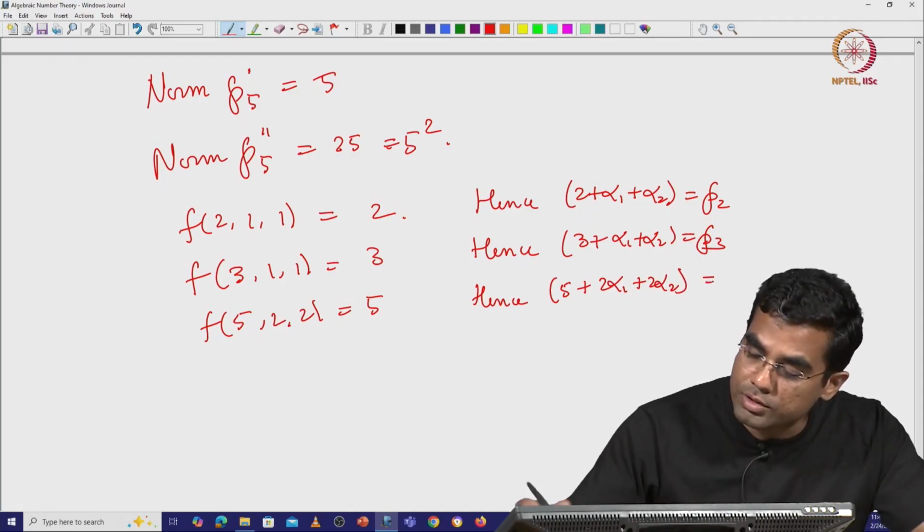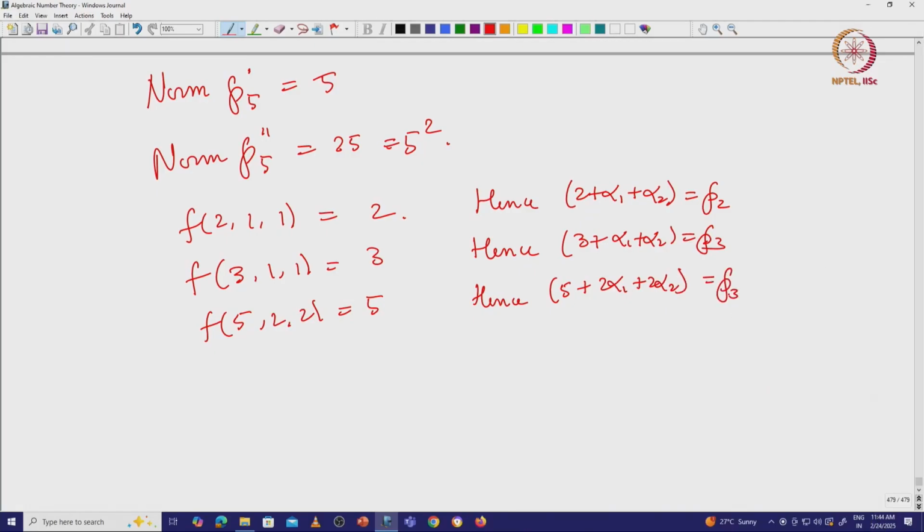This is the norm, right. So, this has to be the ideal whose norm is 5 rather than 5 squared, and then f of 0, minus 1, 1 is 6, hence alpha 1 minus alpha 2 turns out to be P2 times P3.